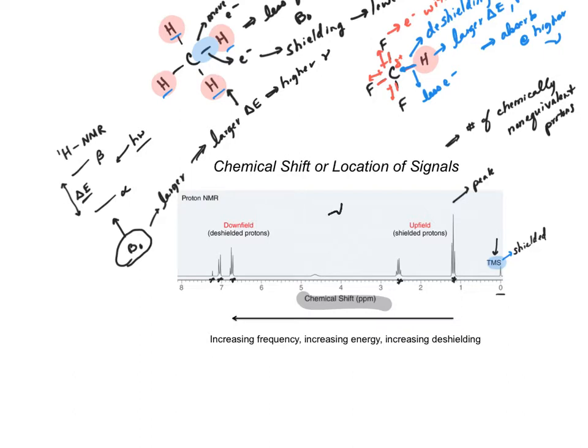And so to normalize that, so that we could get the same value regardless of the type of spectrometer we were using, we defined everything relative to chemical shift, right? So chemical shift was the frequency at which a signal absorbed relative to TMS, divided by the operating frequency of the instrument, multiplied by 10 to the 6.